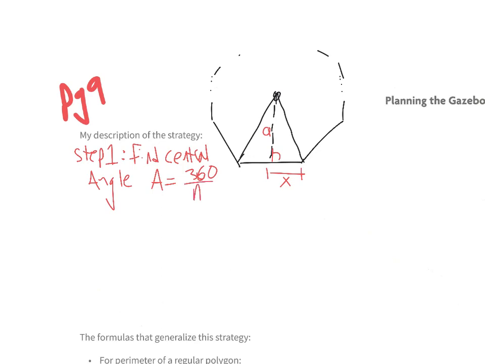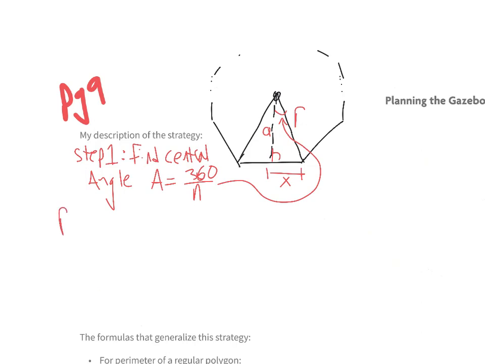And that will give us our angle A. So now that we have that angle, we can find x if, suppose, we know the radius. The radius is kind of important there.